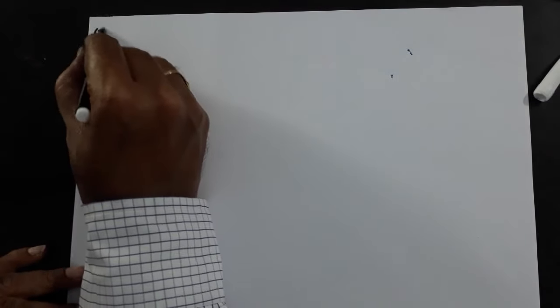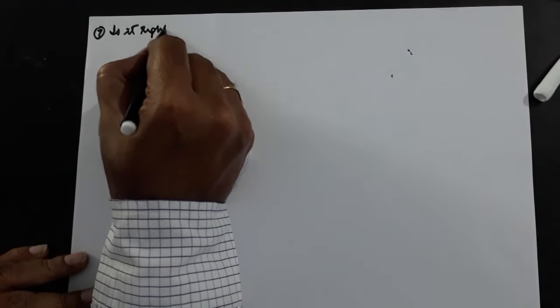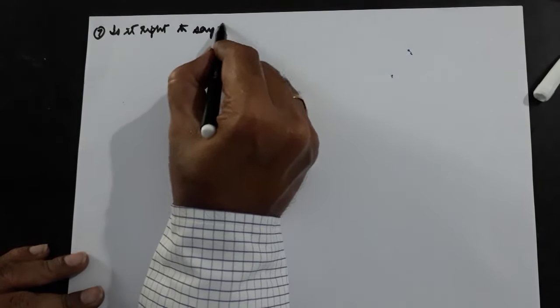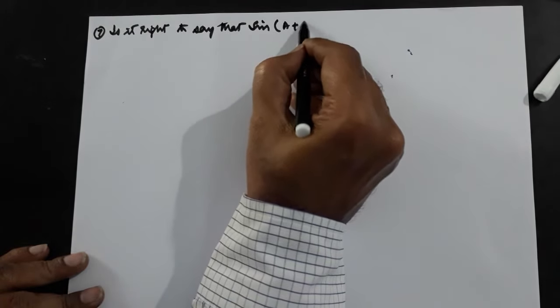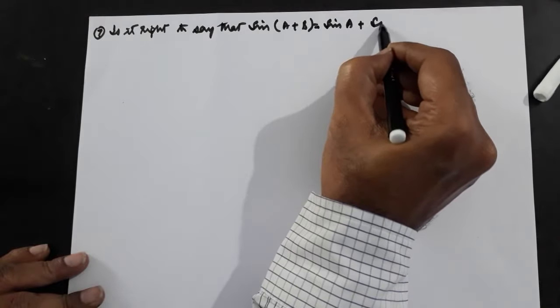Now we'll do the 7th problem. What is the 7th problem? Is it right to say that sin(a + b) equals sin a + sin b?